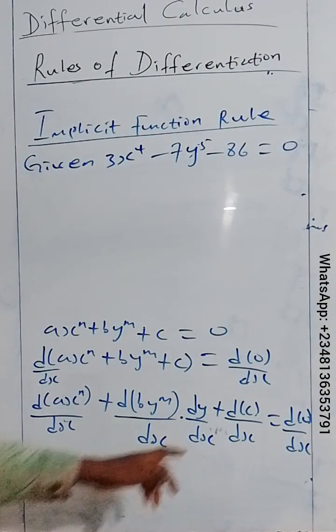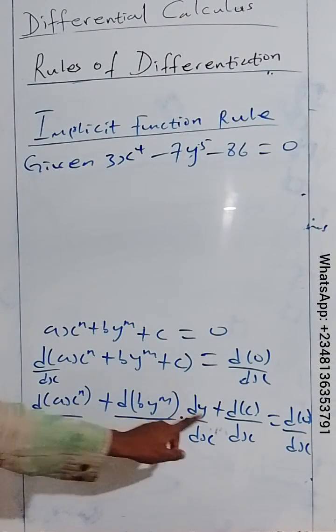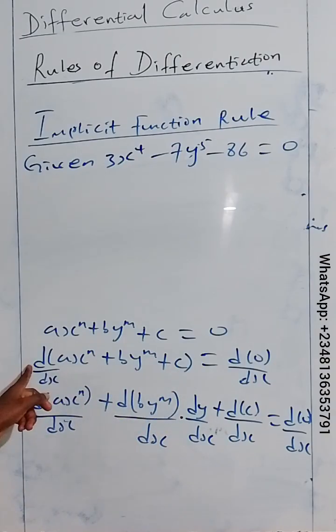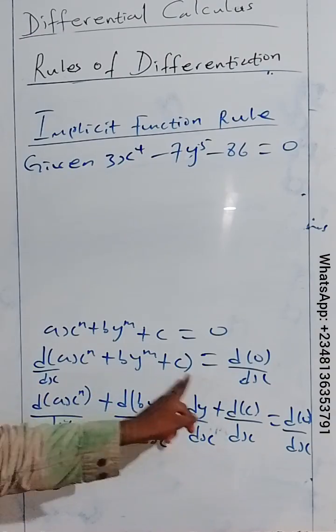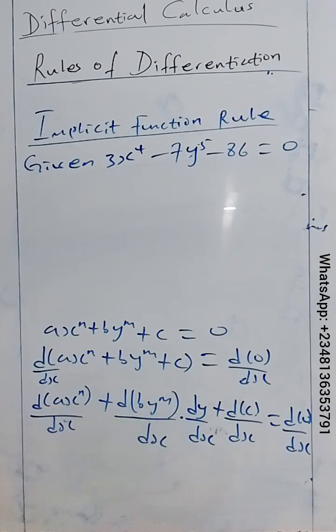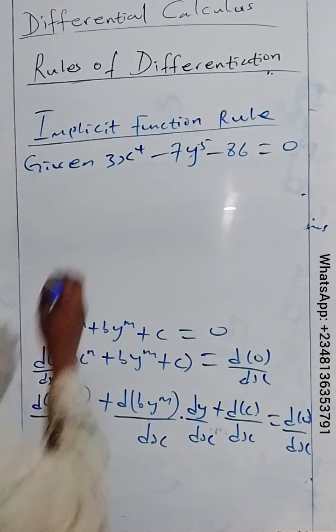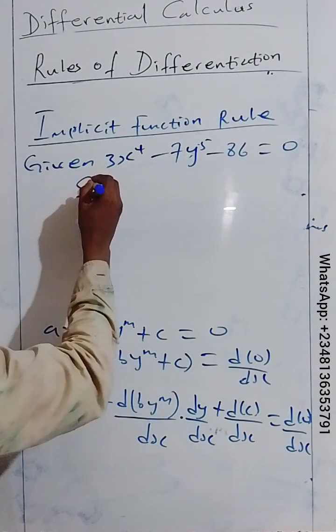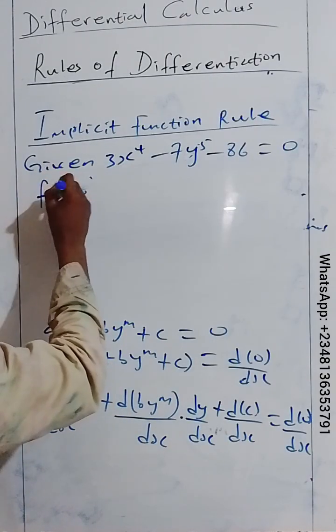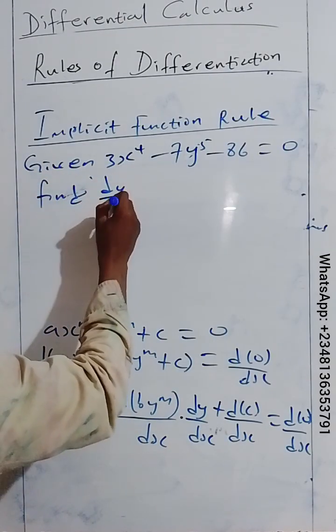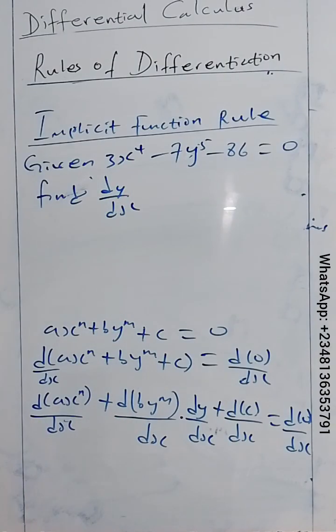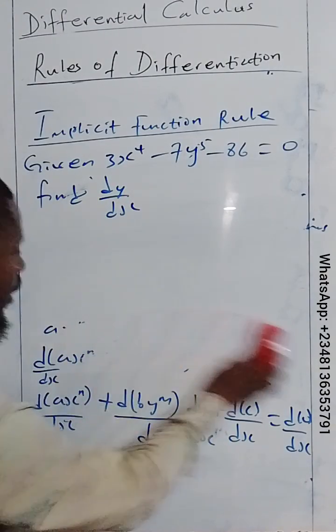It's a mistake on my side. We have plus this because we are to distribute the derivative sign here. I omitted this c, so I'll put it back. If you are to find dy/dx, we apply the rule.